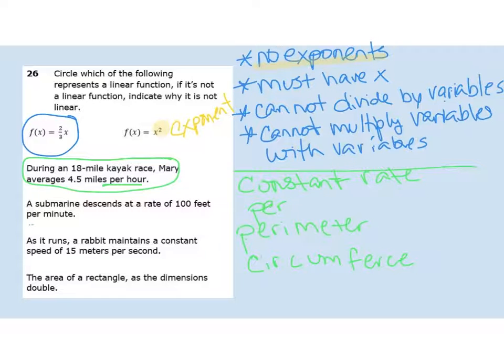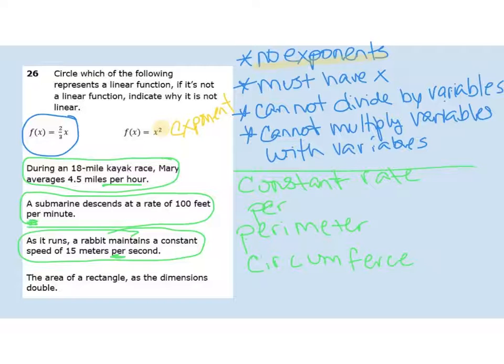So once again, that keyword per is telling us we have a linear function. So we can go ahead and circle it. As it runs, a rabbit maintains a constant speed of 15 meters per second. So once again, we see that keyword per, so we're going to circle it.